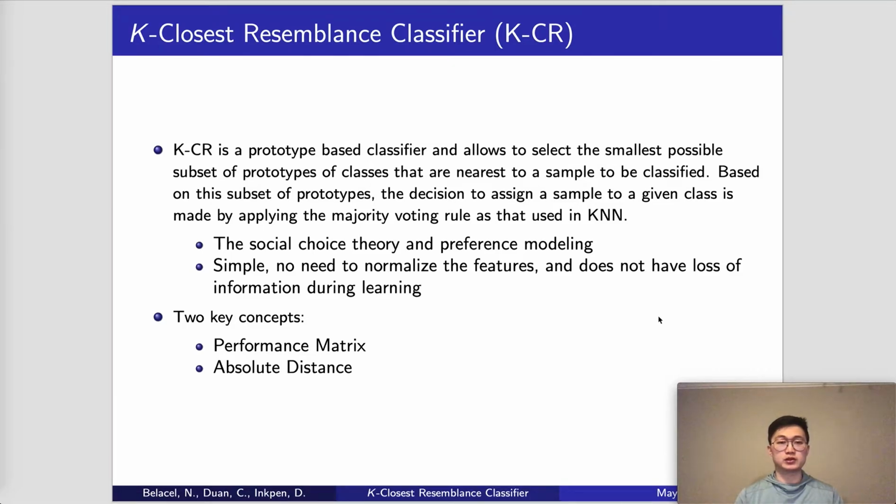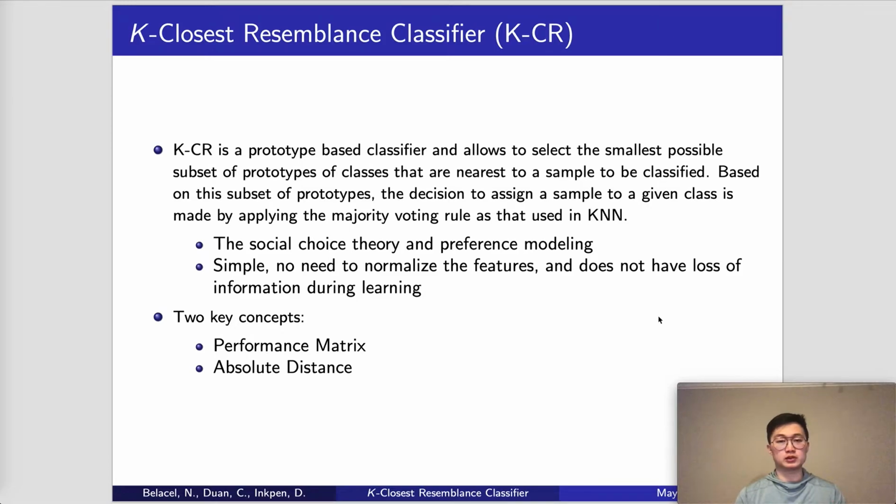It is based on social choice theory and preference modeling. It has several benefits. You don't need to normalize the features, and during learning you won't lose any information because you will use all the values from all the features for the training steps.